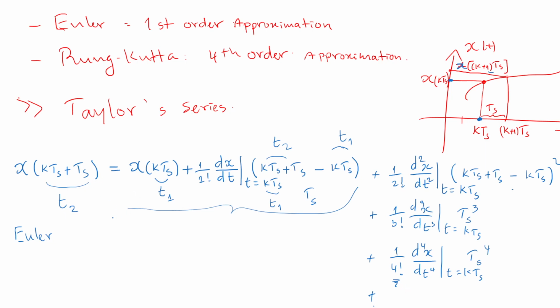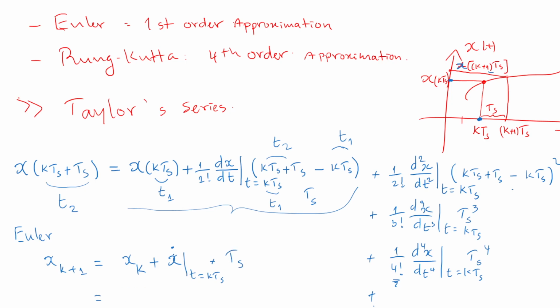So from here, if you use Euler, you can just say h k plus 1. And here you just say h k. And here you can say plus, this one is just h dot, but evaluated at t equal to k ts, okay? And times ts.